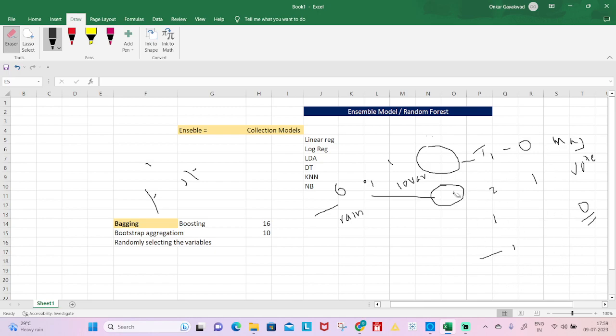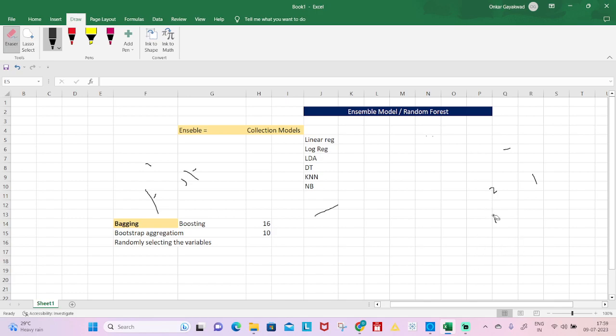Now for boosting, as when we looked at bagging, they were processing the data in parallel, right? 68% random observations and 10 variables randomly selected were given to the trees.